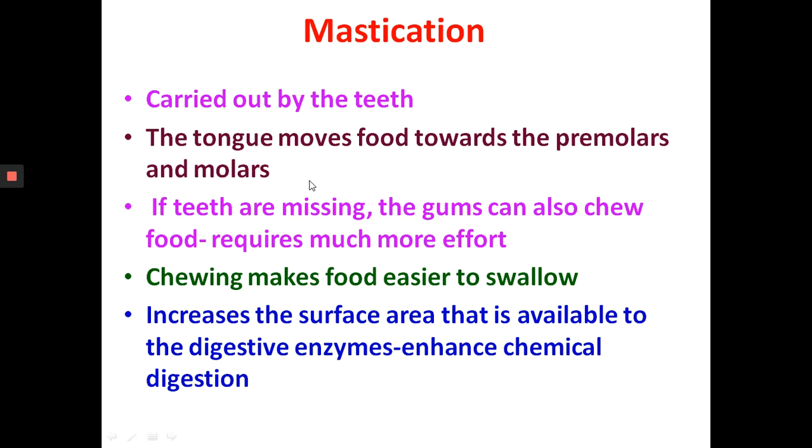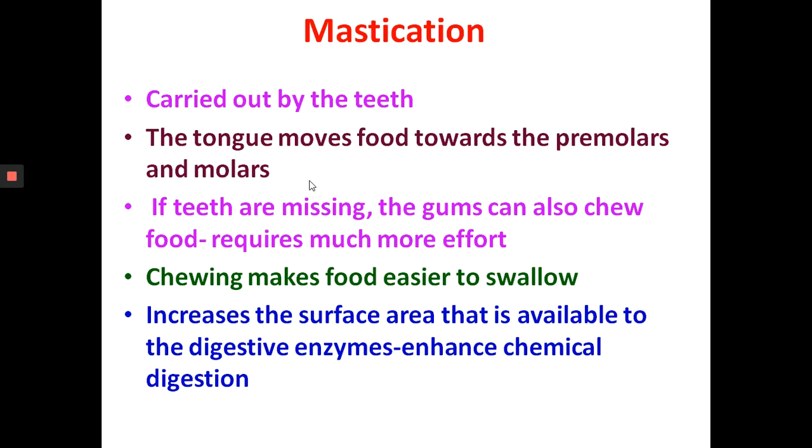Mastication, the chewing of food, is carried out by the teeth. The tongue moves food towards the premolars and molars. So you take in the food, you cut the food into small pieces, then chewing and grinding happens. The grinding happens at the premolars and molars. So with the help of the tongue, you push the food backwards to the premolars and molars, and using these teeth, you grind the food.